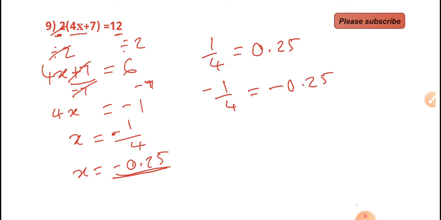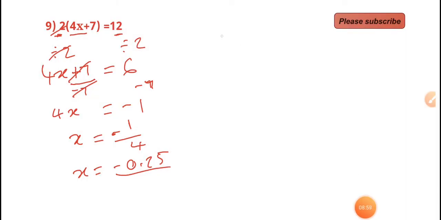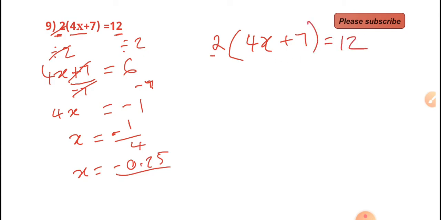But now we have to check our answer by doing substitution. So by substitution, we'll start off by writing the question first. It's 2 times 4x plus 7, which means 2 lots of 4x plus 7, is equal to 12. We think that x is minus 0.25.